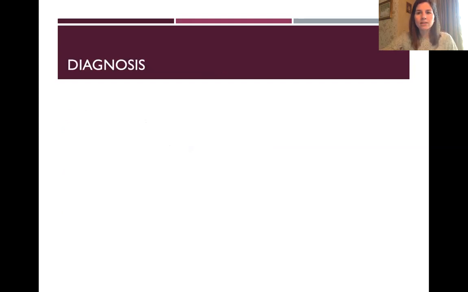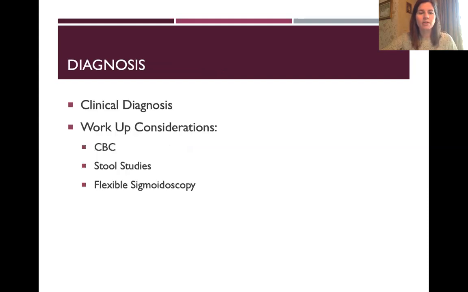Diagnosis is primarily a clinical diagnosis based on the history and exam. However, there can be several workup considerations depending on the situation. A CBC can sometimes be helpful if you're concerned about the degree of bleeding. Most often in milk protein proctocolitis, the hemoglobin is normal to borderline low, and sometimes you can see a peripheral eosinophilia.